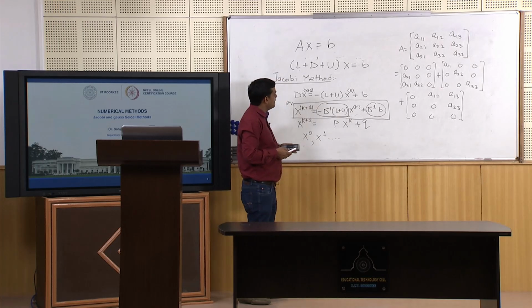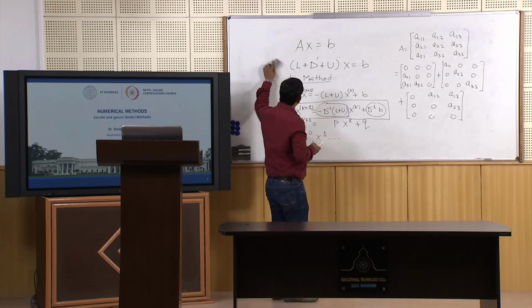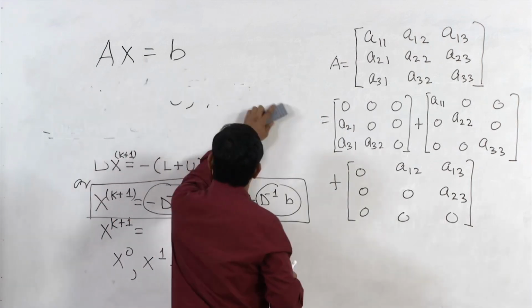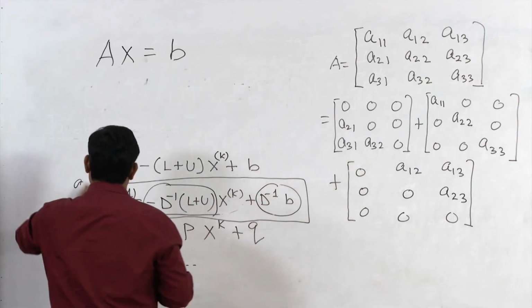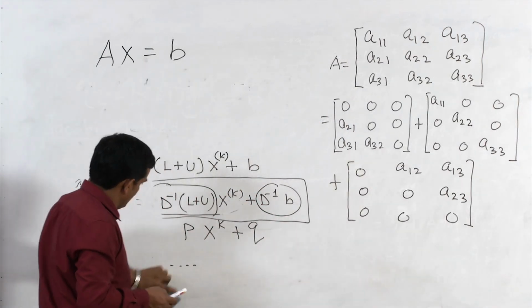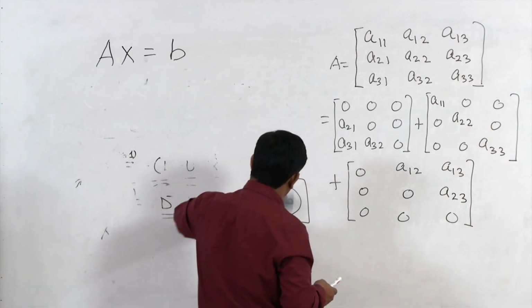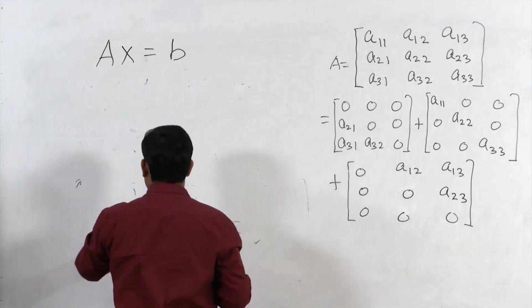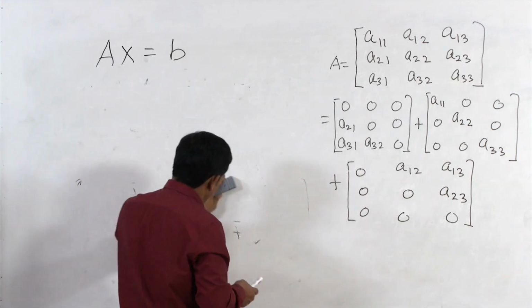In a more simple setting, if I want to write the iterative equations for this particular scheme, I need to consider a system of 3 equations with 3 unknowns.